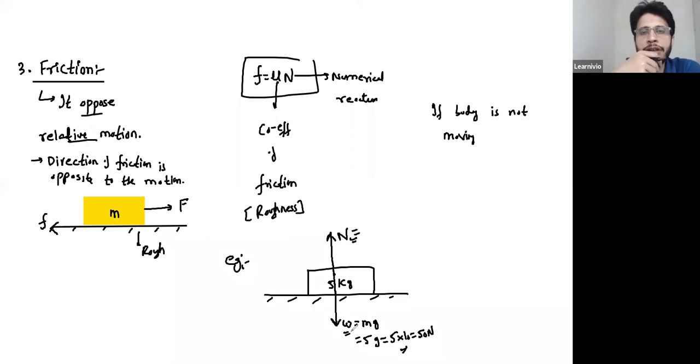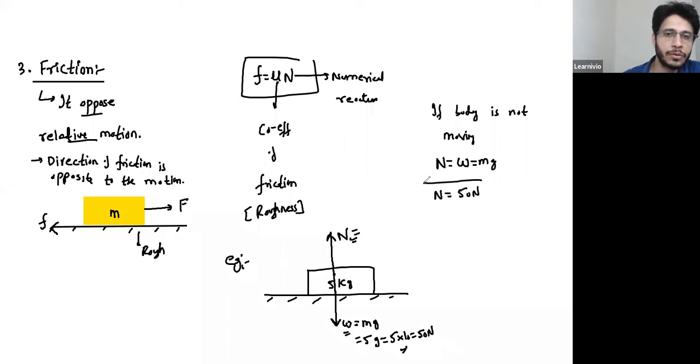They are equal. If they have different values, then the body will move. Body is not moving, that means N is equal to weight of body, which is mg. So your N is equal to 50.